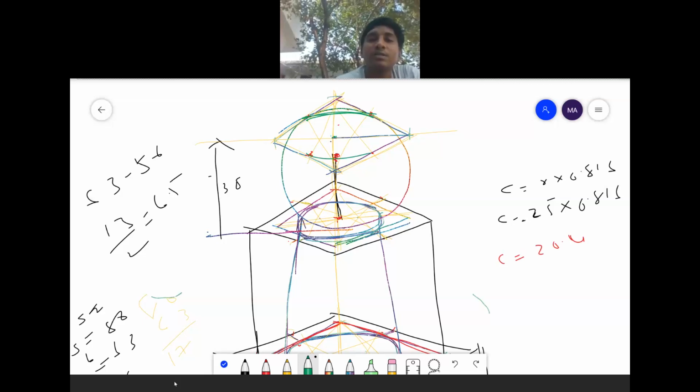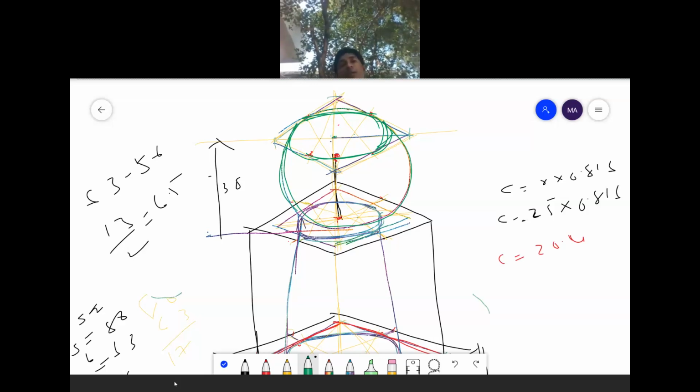This as center, this as the radius, one arc. This as center, this as the radius, one arc. This as center, this as the radius, one arc. After that, I will join this arc circle with this one. Okay, this one will be your hemisphere.